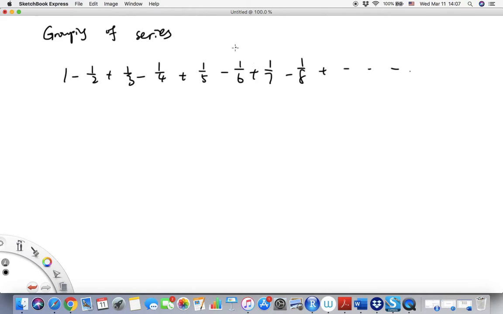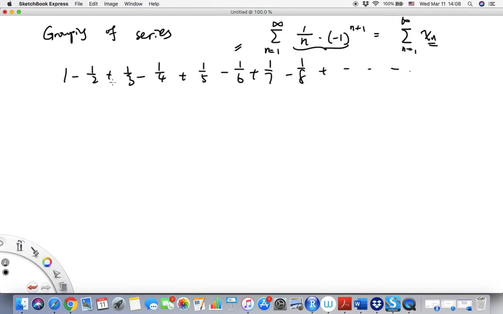So this is the series sum of 1 over n times (-1)^(n+1), as n goes from 1 to infinity. Let's call this sum x_n.